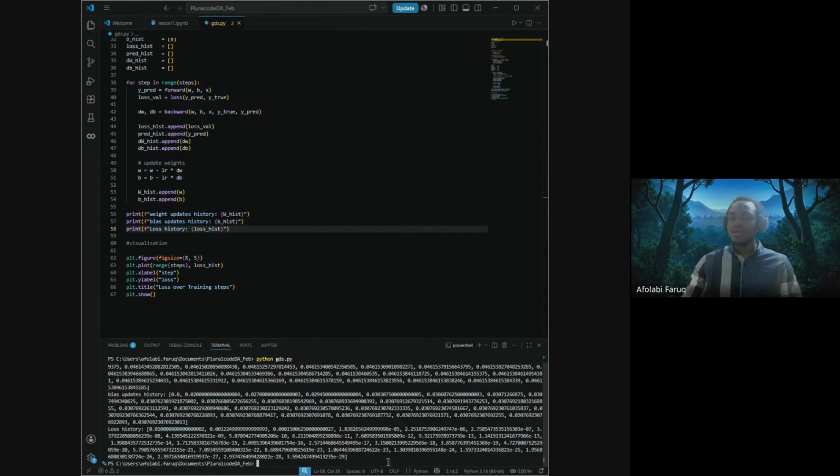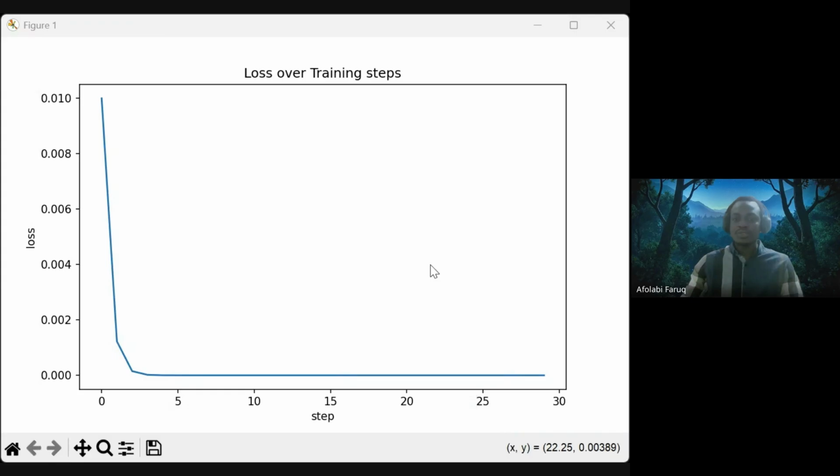So here we are going to run this again. Oh, okay. So you can see how significantly the loss reduced over time. I don't know if you are seeing this. If not, let me share the screen again for you to see. What you are seeing here is the visualization of how the loss reduces over time.